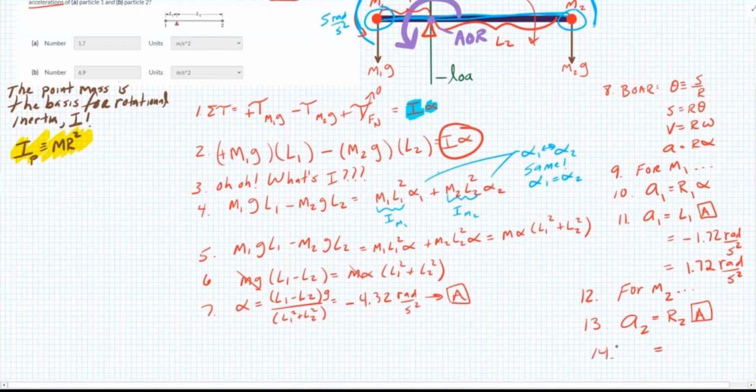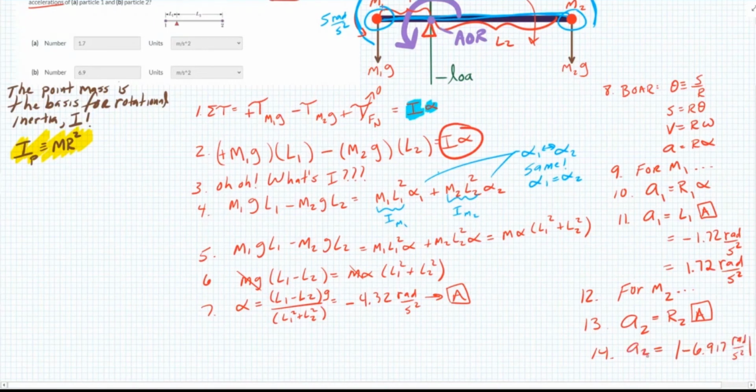So I'm just going to take alpha A times 1.6, which is 6.9 and some change. I get negative, but again I'm just going to enter the magnitude, 6.917 radians per second squared.